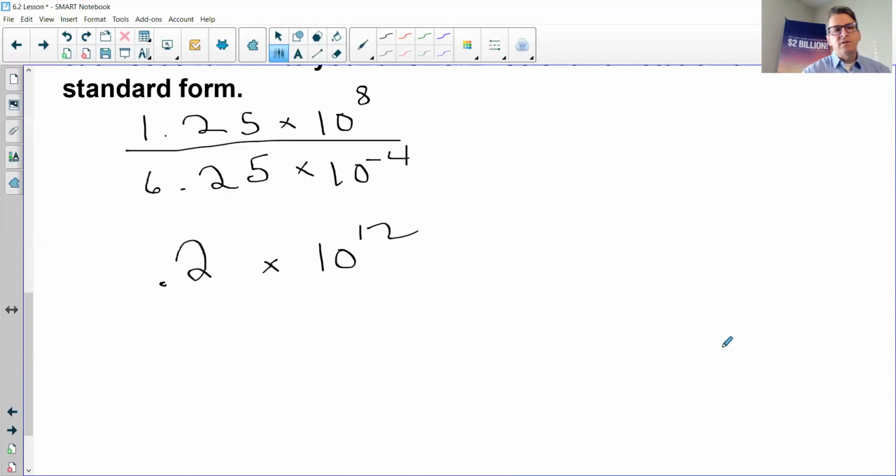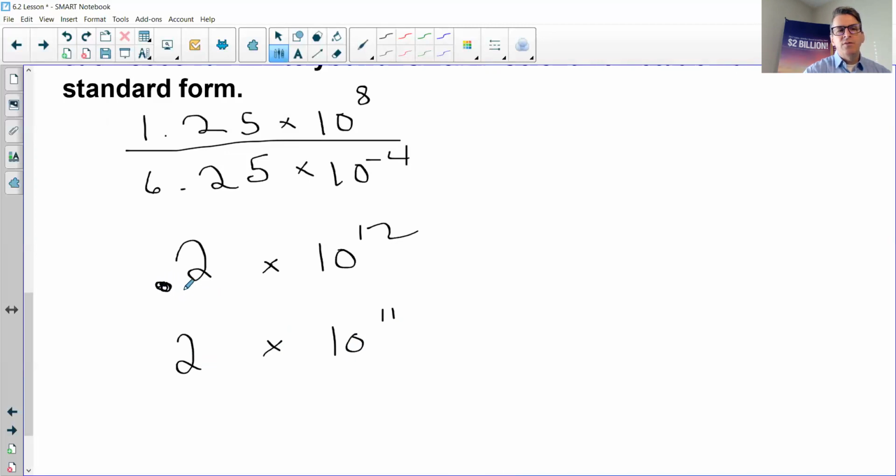Now we need to put this into scientific notation. So what we did here is we took 0.2 and we're going to move the decimal over to just 2. If you remember, we did scientific notation before the break.